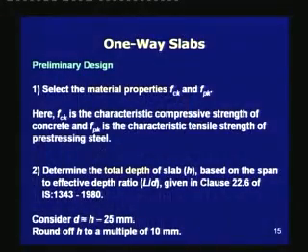Now, in order to relate the effective depth with the total depth, we can use an approximate estimate that D is about H minus 25 millimeters. And once we select D based on the L by D ratio, we can select H, and then we have to round off H to a multiple of 10 millimeters. Thus, the total depth of the slab is determined based on the deflection requirement.